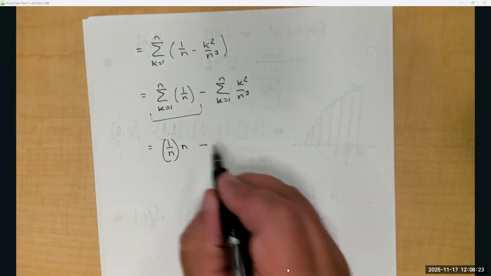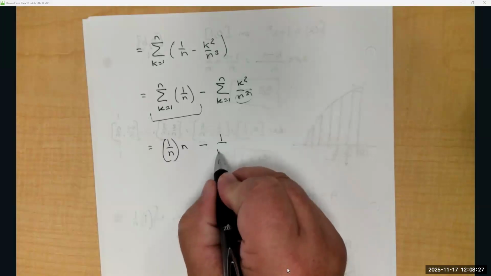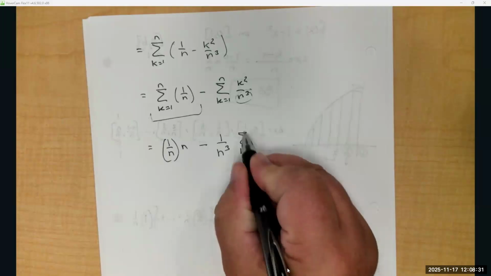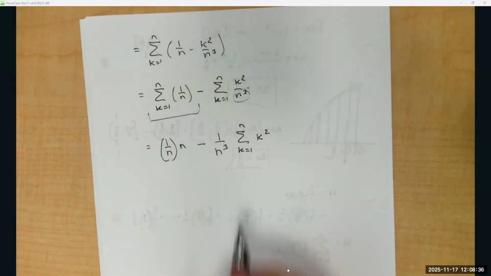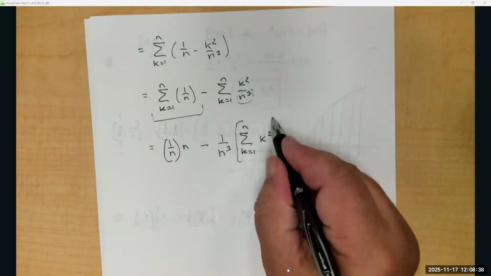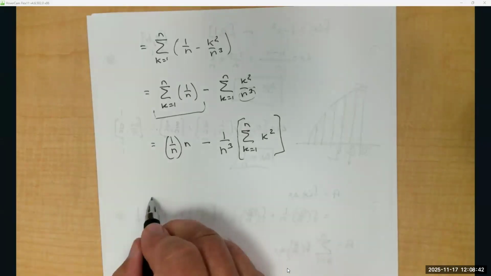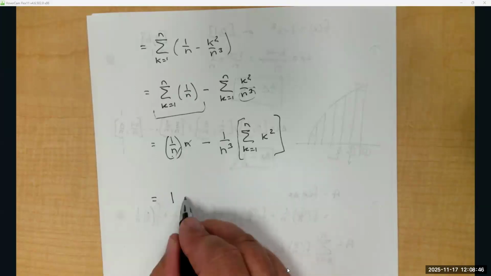All right, so then since n is a constant, it's a constant multiple. I can bring it out in front. Why did I do that? Well, 1 over n times n is 1.